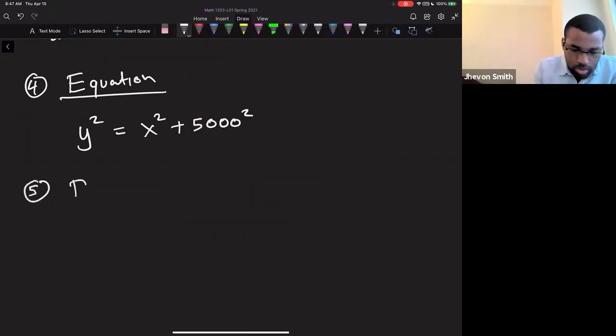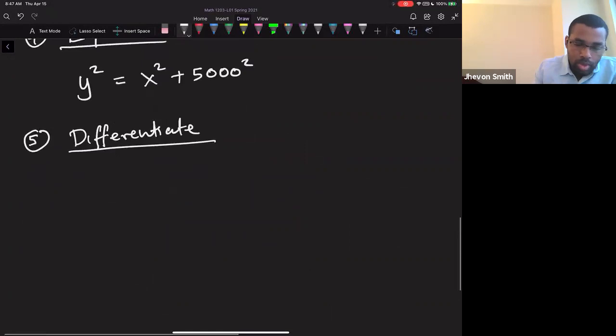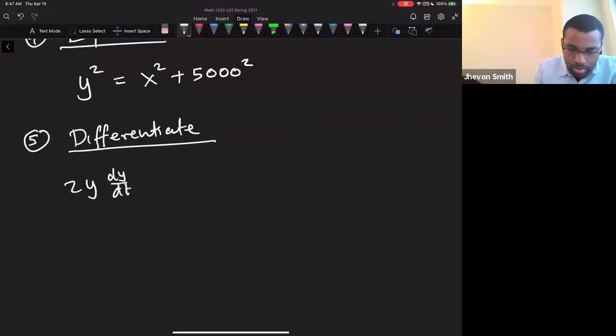5, we are going to differentiate. So we're going to have 2y y prime equals 2x dx/dt.